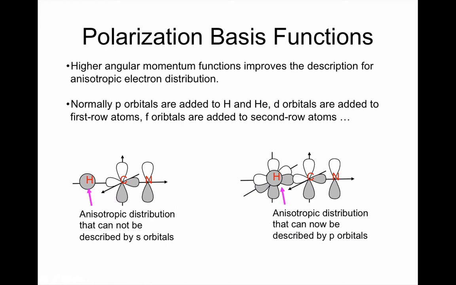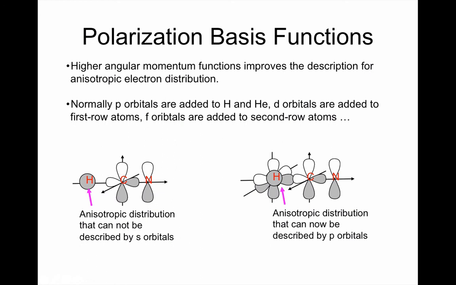We can illustrate this again for the case of HCN. Now, if we don't have any polarization functions on the hydrogen atom, then this would be fairly spherically symmetric here. It means that we cannot model any anisotropic distribution on the hydrogen atom using a basis set with no polarization functions.